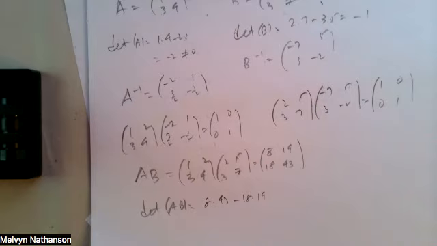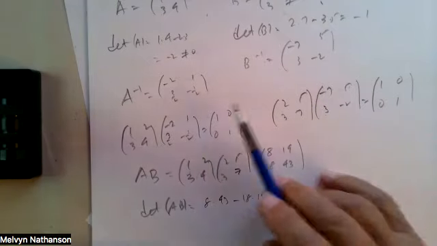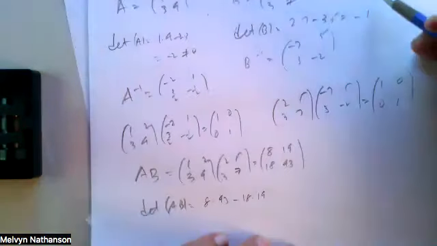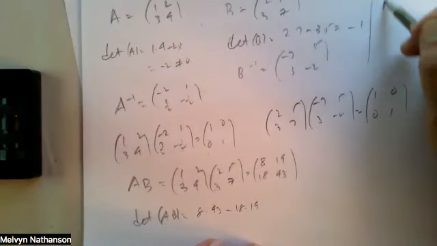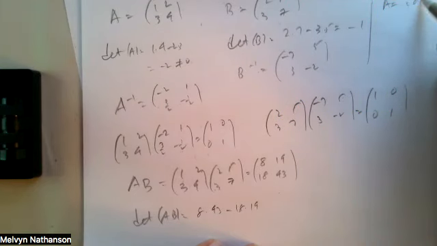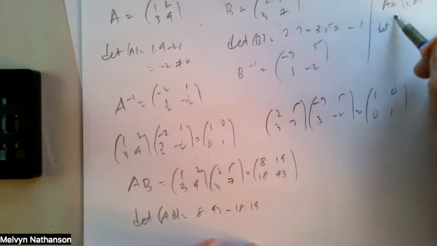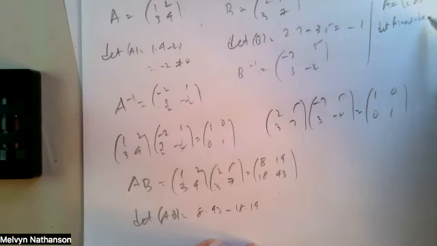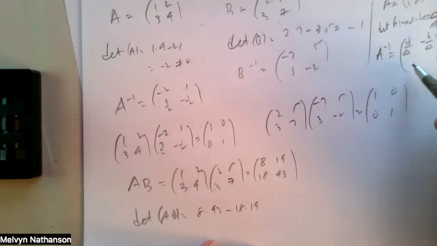Professor, how did you get the inverses, the A inverse and the B inverse? Oh, well, we have the rule. This was in the homework and in the text. If A is A, B, C, D, and the determinant of A, AD minus BC, let me call that delta, is not 0, then A inverse is the following matrix: D over delta, minus B over delta, minus C over delta, A over delta.